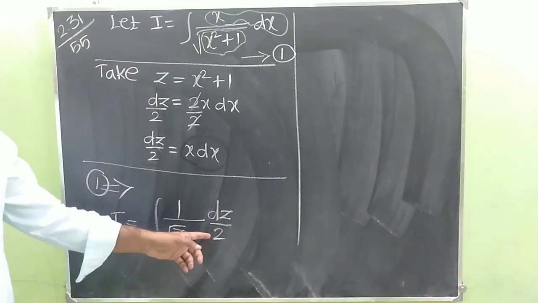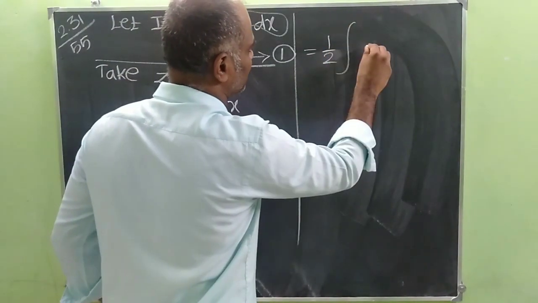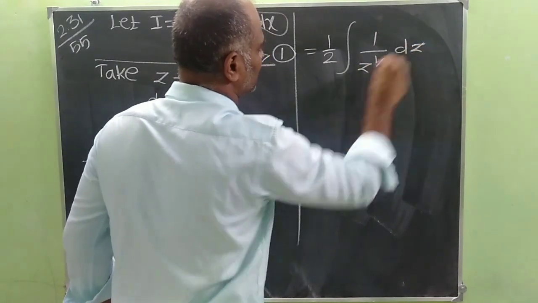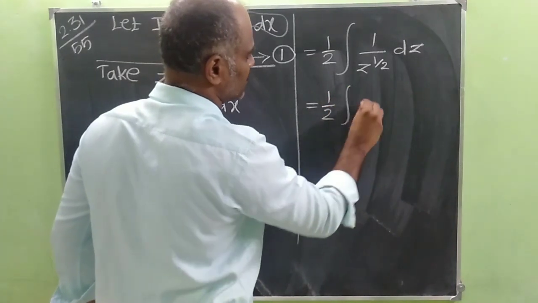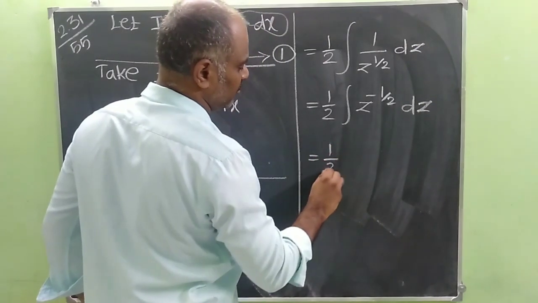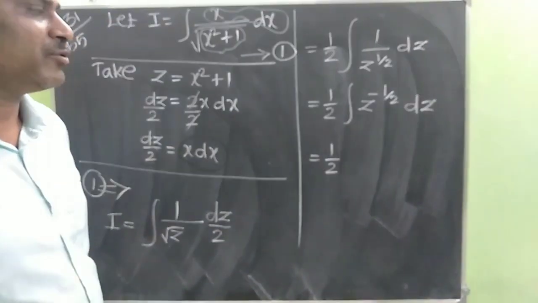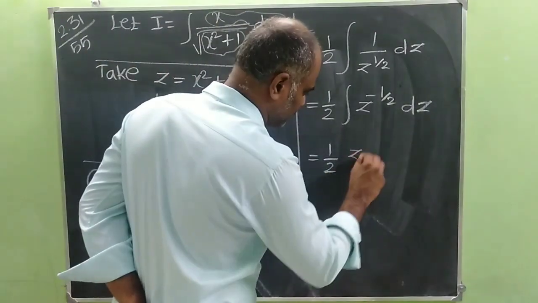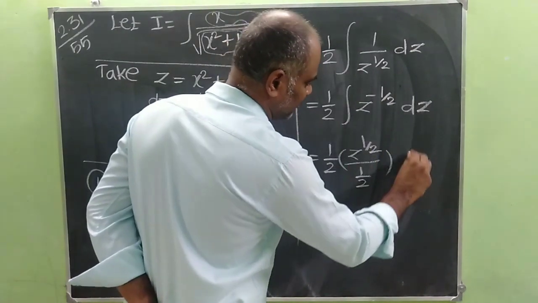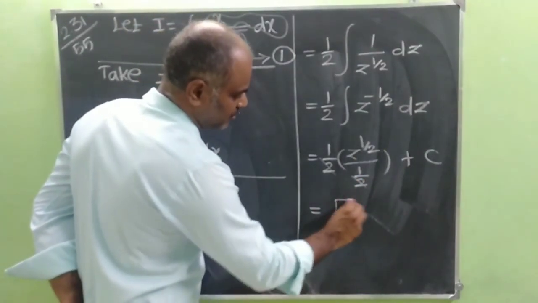Next step, we take this constant outside, that is 1 by 2 integration of 1 by z power 1 by 2 into dz, that is 1 by 2 integration of z power minus 1 by 2 dz. Integrate this one, add plus 1 to the power, minus 1 by 2 plus 1 is plus 1 by 2, z power 1 by 2 by 1 by 2. This is indefinite, so add one constant c, cancel both 2s, that is equal to square root of z plus c.